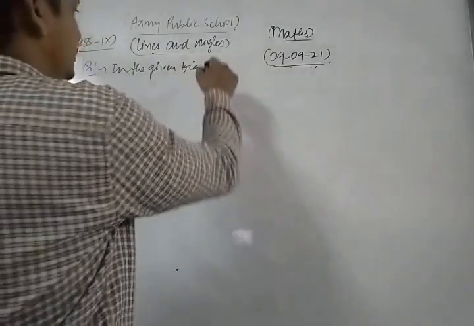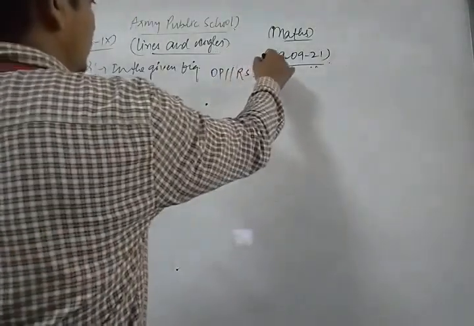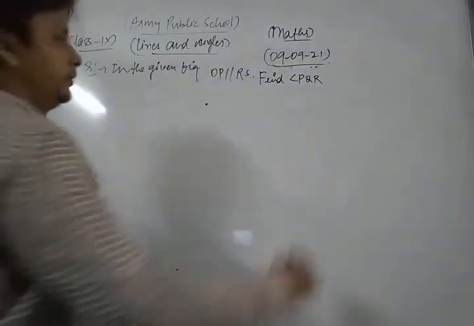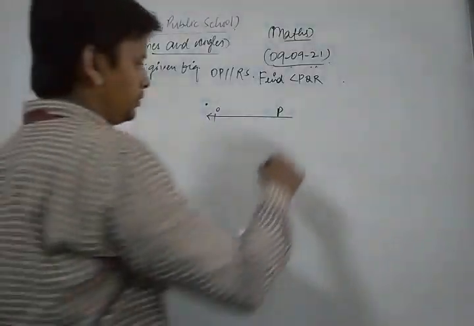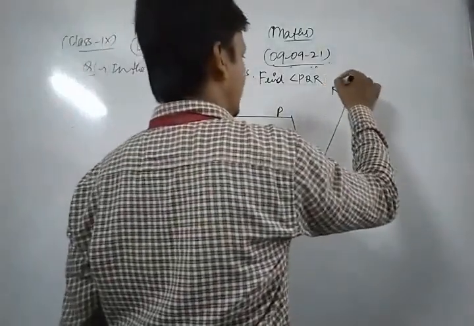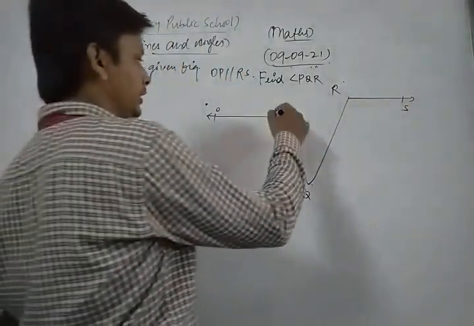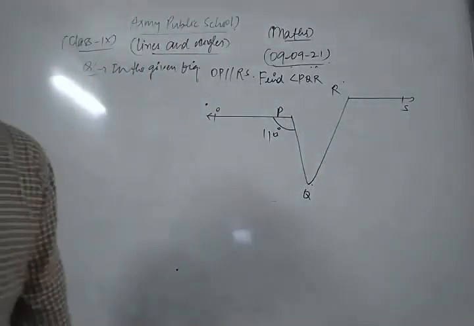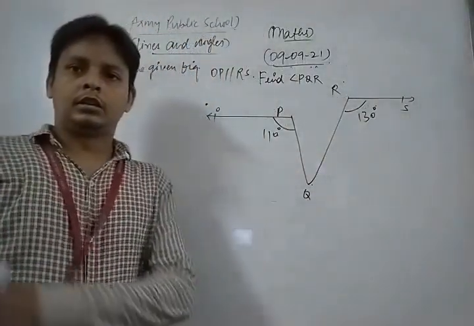OP is parallel to RS, find angle PQR. This is the figure: P, Q, this is R. This is the 110 degree angle at P, and this is 130 degrees.